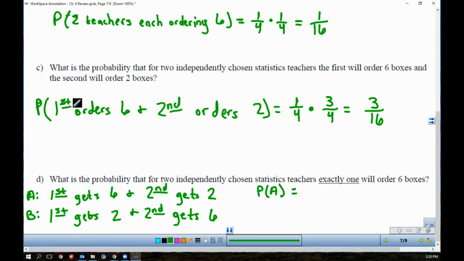Well, we just calculated that one up above. 3/16. What's the probability B occurs? 3/16.